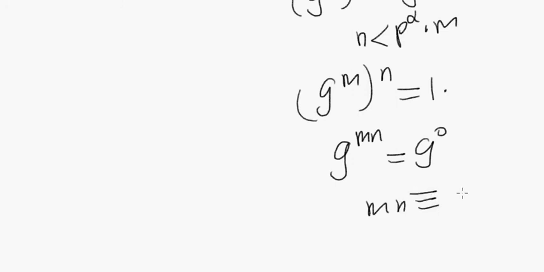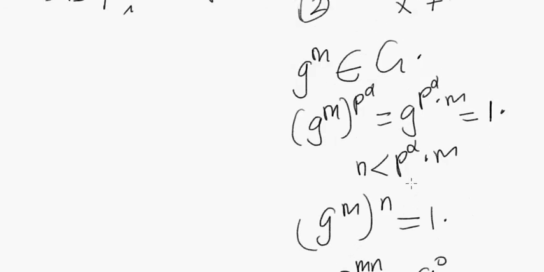I'm not sure if we want to go this far, actually. Oh, sorry, we're looking at n less than p to the alpha. We're saying, suppose we get some n less than p to the alpha. Can it be that g to the m raised to the power of n is going to give us the identity?